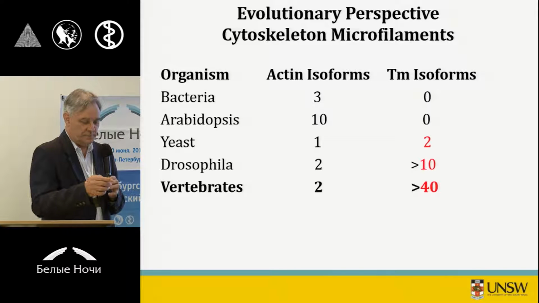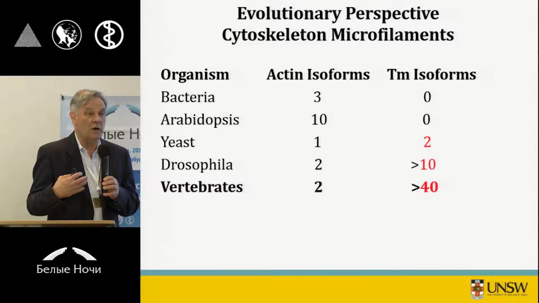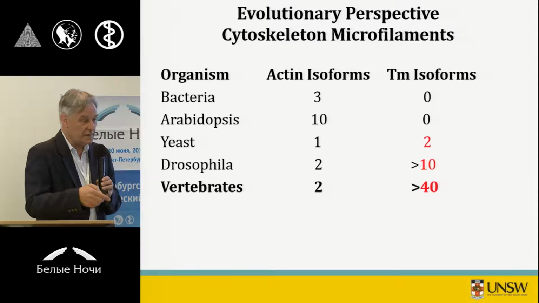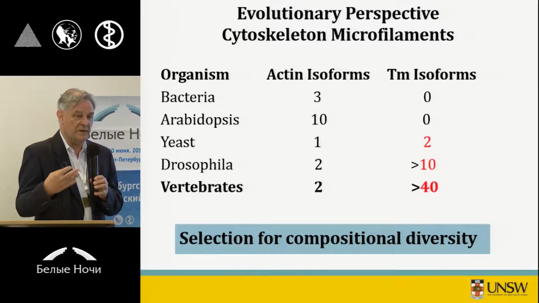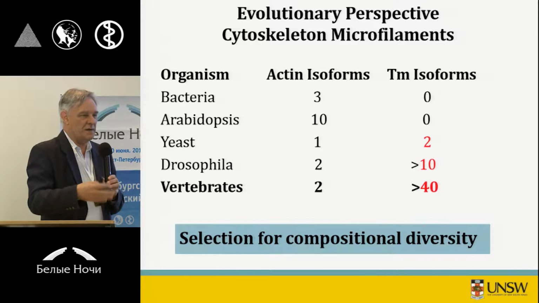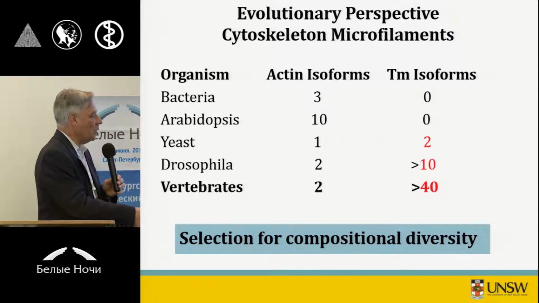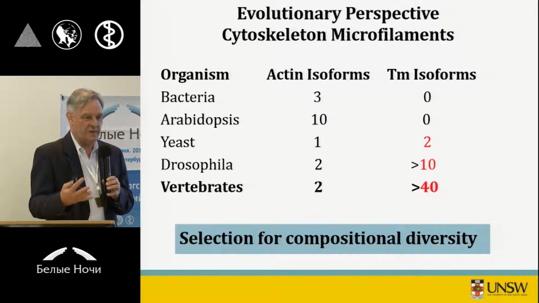The difference is that neither bacteria nor plants have tropomyosin. And in fact, with increasing complexity in the metazoans, you see increasing numbers of tropomyosins. So what that means is, in the building of our cytoskeleton, we only use 2 actins, but as evolution has progressed, we recruit more and more tropomyosins to diversify the composition of our actin filaments.